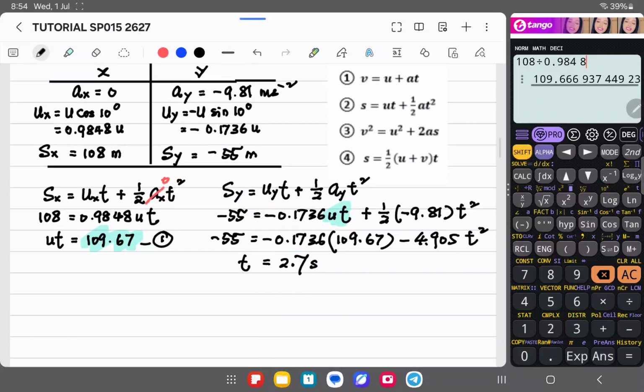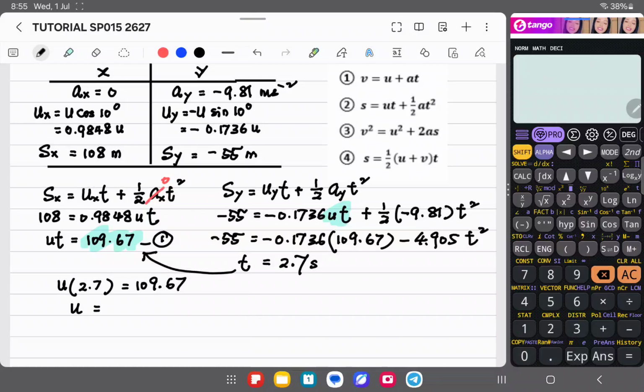When I get the time, I can substitute it back into the equation to obtain u. So u times 2.7 is 109.67, and u will be 109.67 divided by 2.7, which gives 40.62 meters per second.